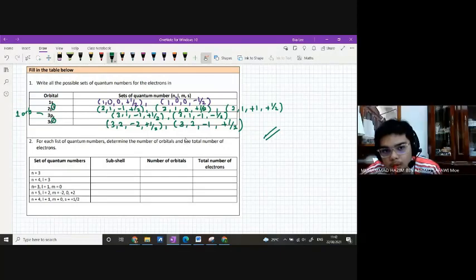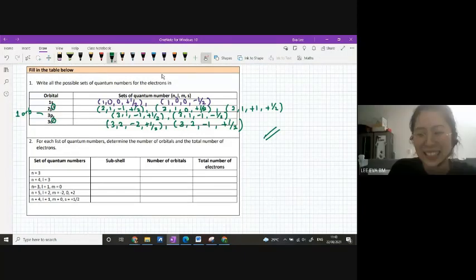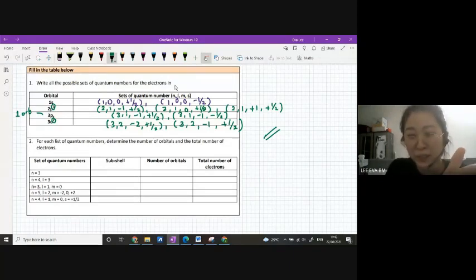Jadi kiranya kalau nak ikut jalan selamat, orbital boleh tukar, cuma direction dia tak boleh tukar. Ya, so kita ikut untuk positif semua dulu untuk spin positive half, and then after you have done for all positive half spin, then we change it to negative half. Okay, but no problem if you want to choose any 2 sets from the 10. Madam boleh accept lah.